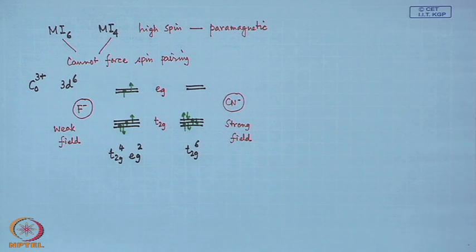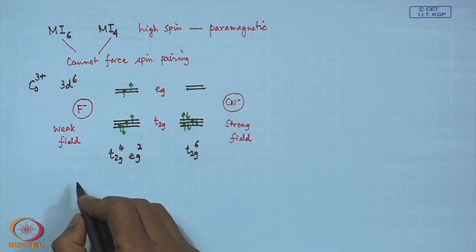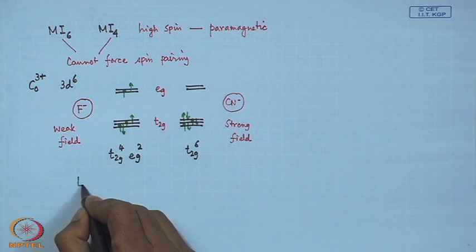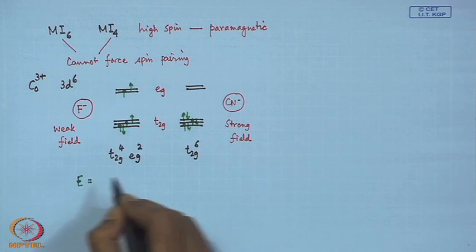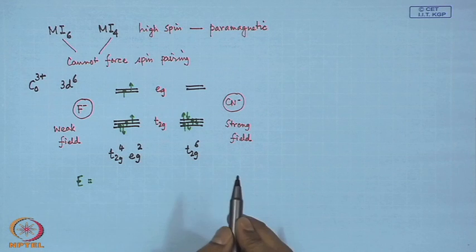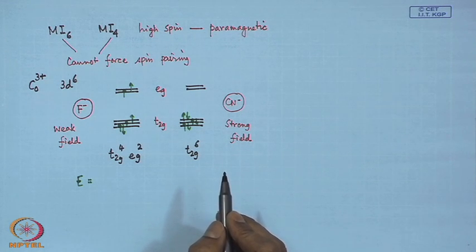In terms of the crystal field stabilization energy, if we find the E value for this configuration as well as this configuration, we can compare these values.